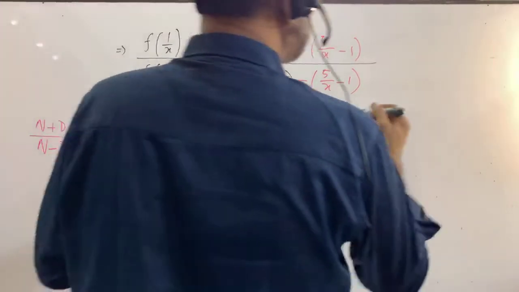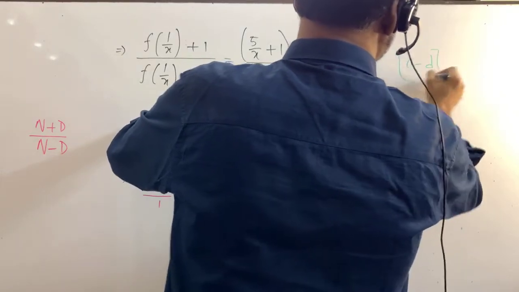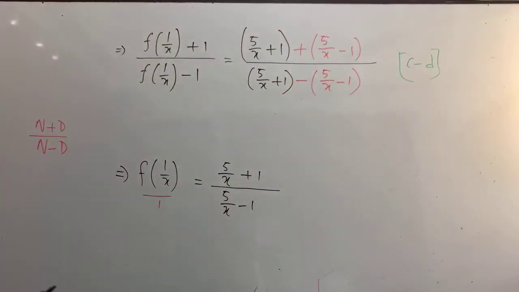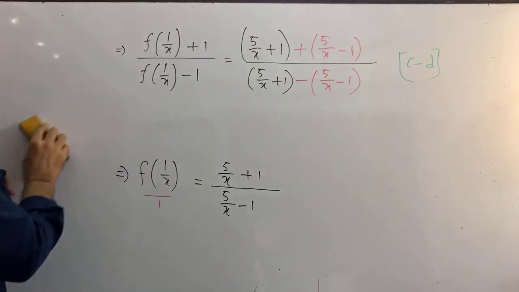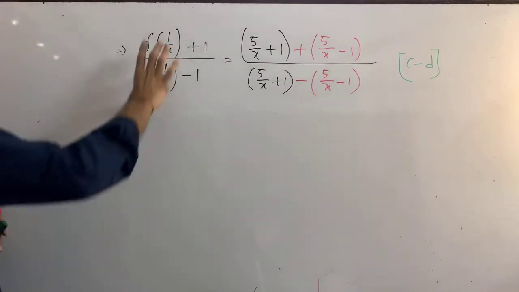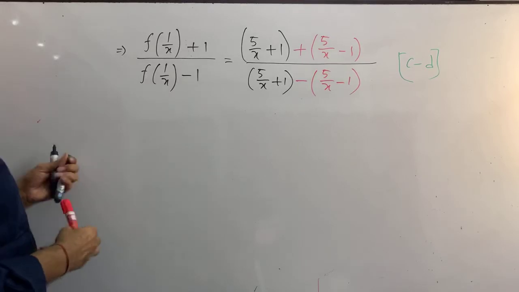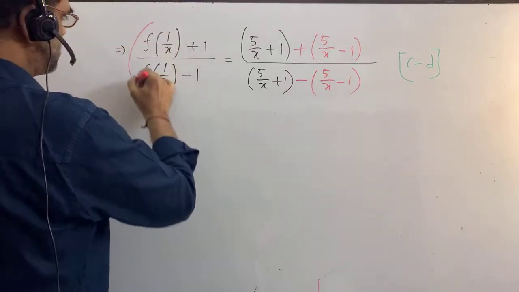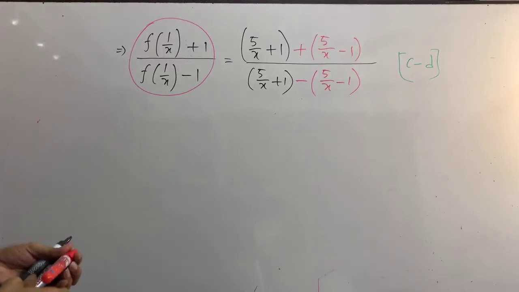Here we have done the operation of componendo and dividendo, okay. You have to write by componendo and dividendo. Now you calculate, you have got your required expression, that is to find here, okay. You were told to find this value. Can you remember please? You were told to find this value and we have got it, right?